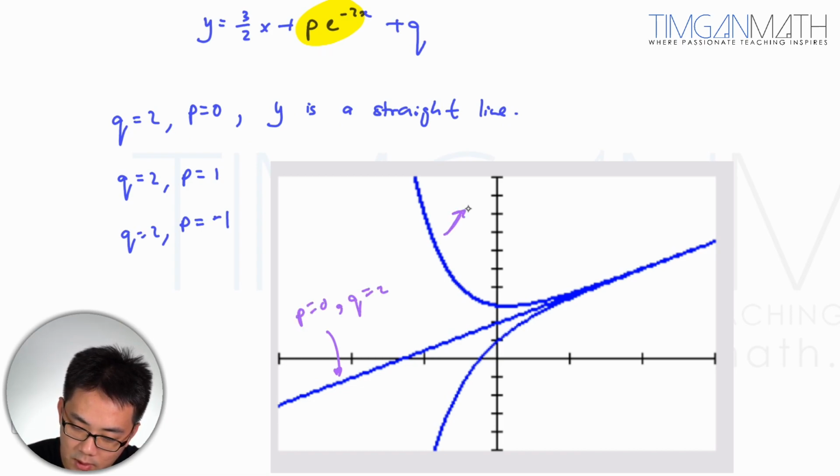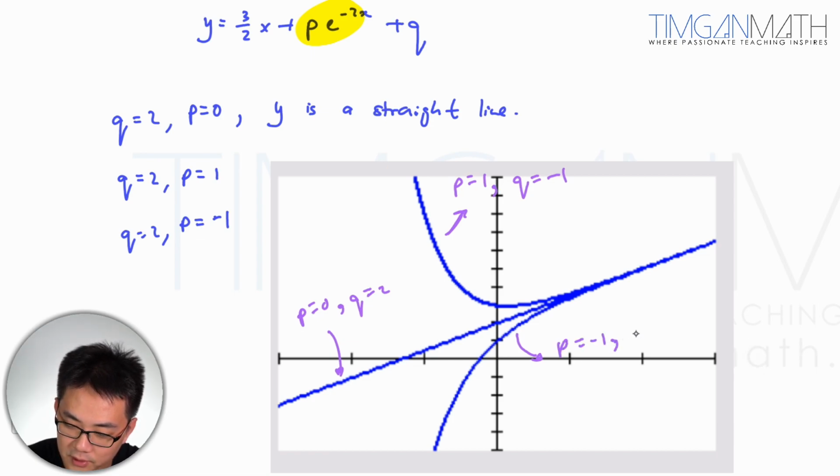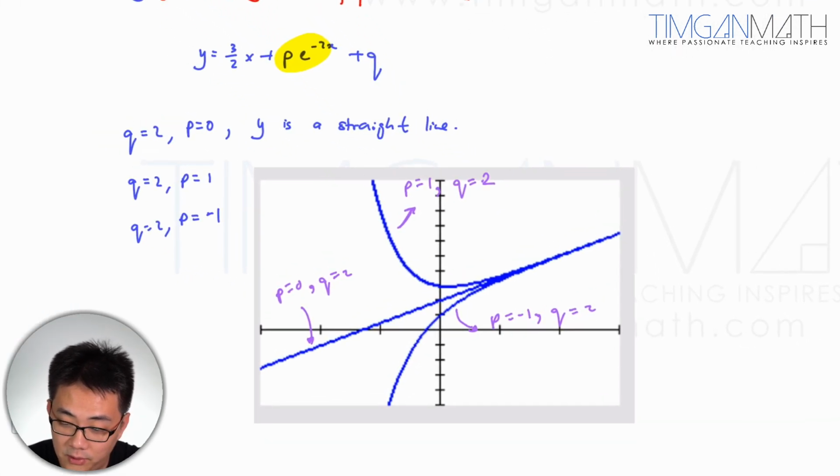This is when p is 1, q is 2. And this is when p is -1 and q is 2. So this is a family curve. Just write down all the values that you get. Alright, and sketch. That's about it.